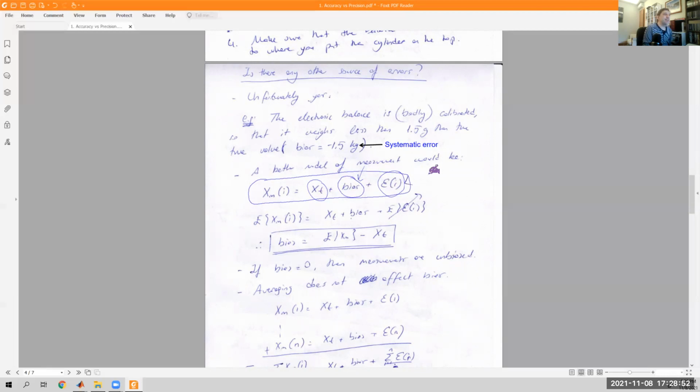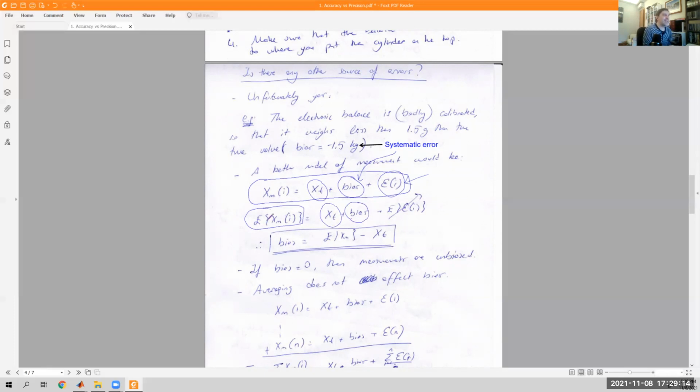So this part is the random error term. This part is going to be systematic error. When I take the expected value of both sides, note that I get rid of the error term. This time the experimental measurement is going to be equal to the true value plus bias.